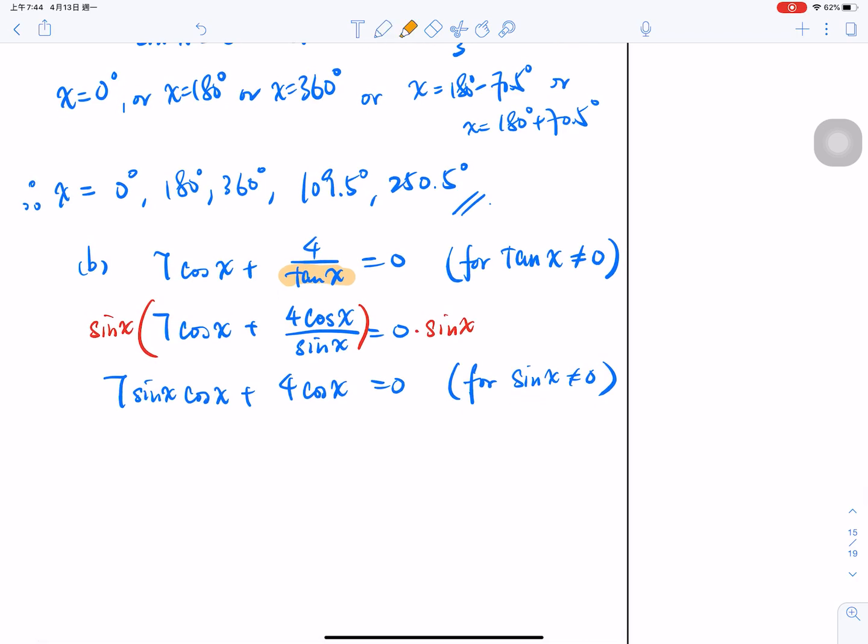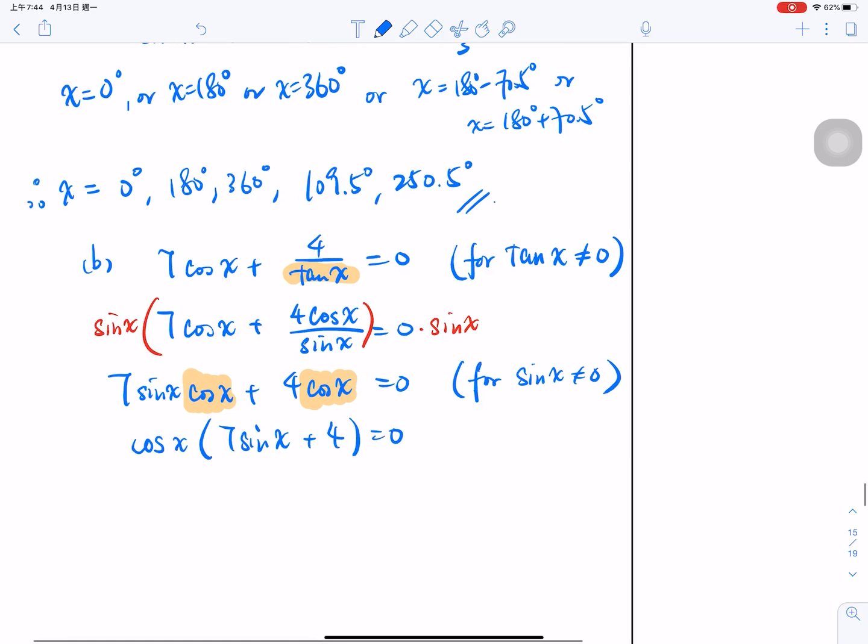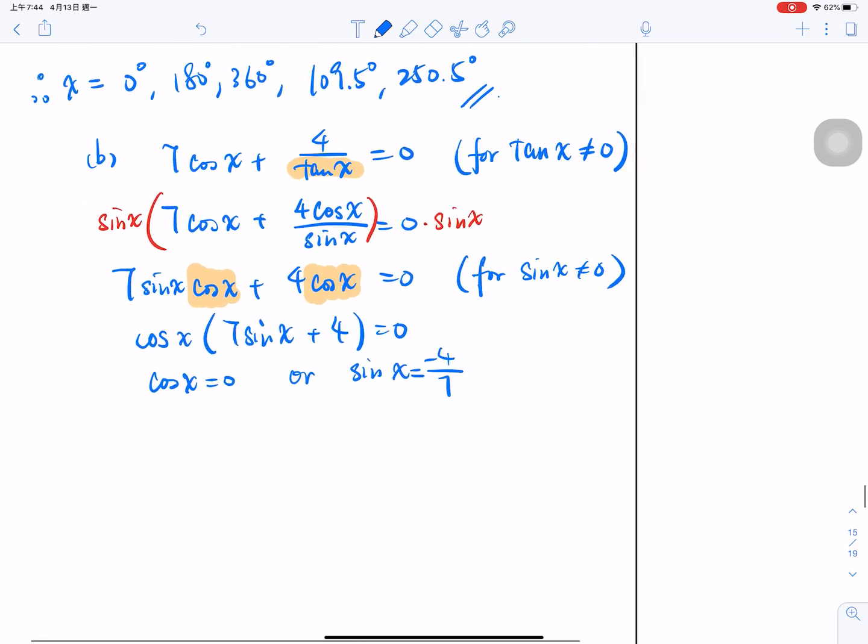So common factor, we can pick it out. So cosine x times (7 sine x plus 4), right? So at the end, cosine x equals 0 or sine x equals negative 4 over 7, right?